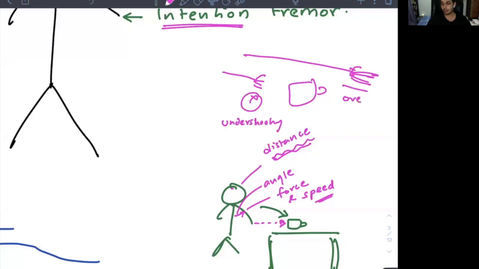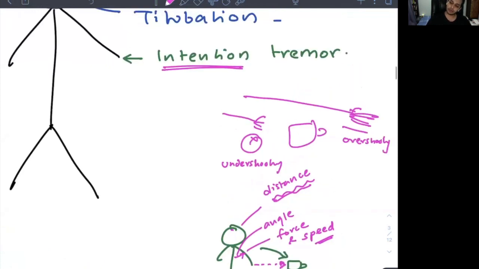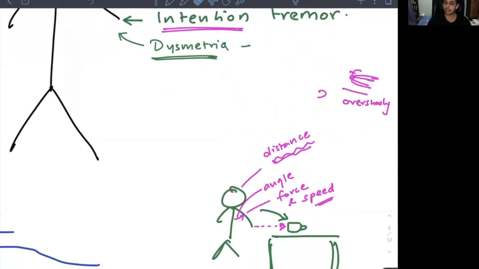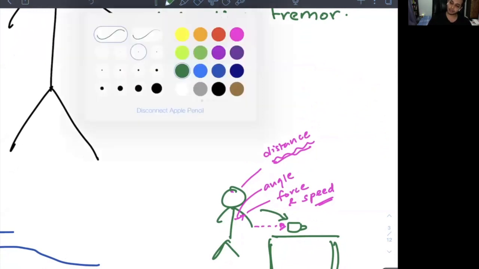That is called overshooting. And what this leads to is dysmetria. Dysmetria means inability to calculate the distance or meter. So inability to calculate the distance is dysmetria. So there is undershooting and overshooting.